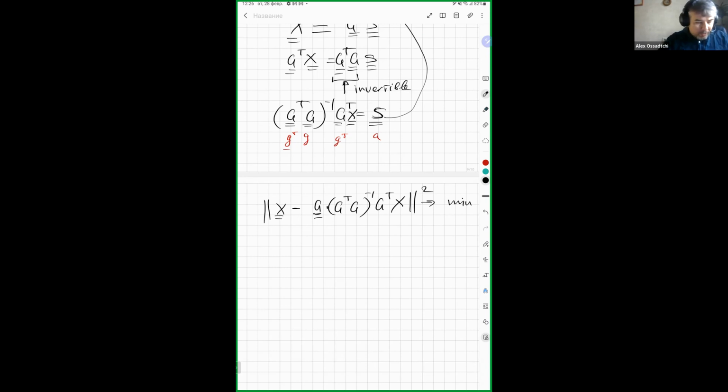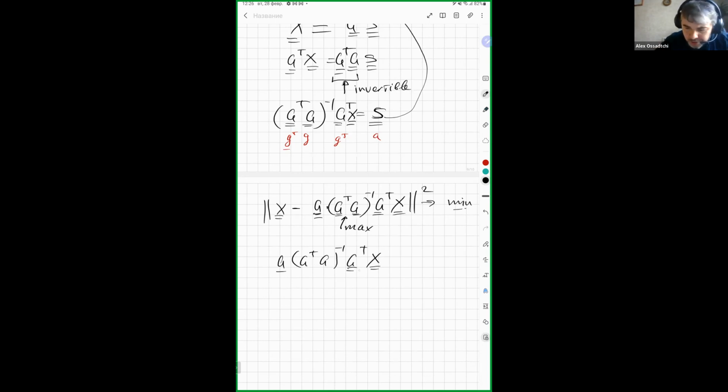So now, instead of minimizing this as before, we will be maximizing this. So we will write G transpose G minus first G transpose X, and all these are matrices now.